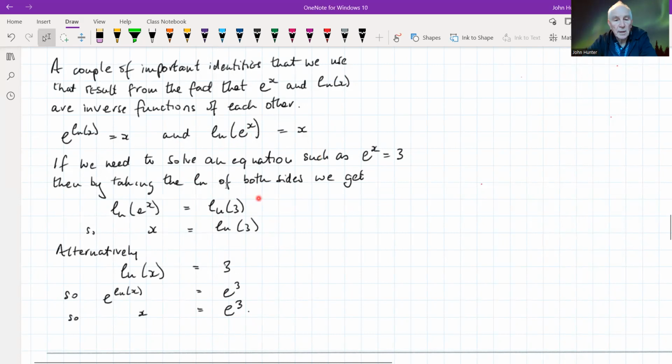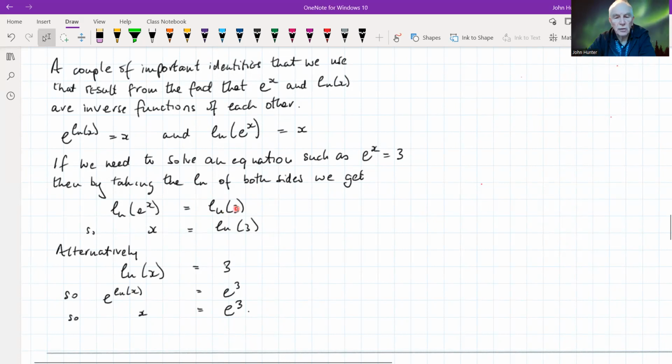That's what we're saying. This comes up quite a bit when we're solving equations and manipulating identities, because if our unknown is in the argument of a function, we want to get it down into the subject. So if we're trying to solve e to the power of x equals 3 for x, then if we take the natural log of each side, we're going to get the natural log of e to the power of x equals the natural log of 3.